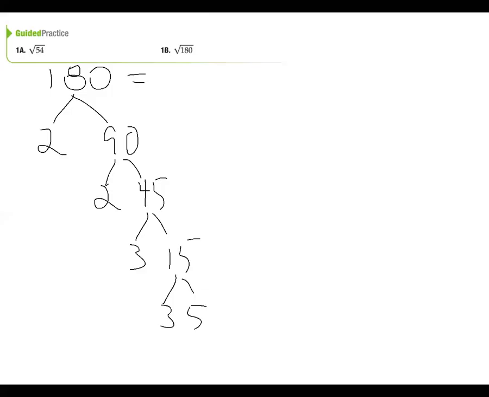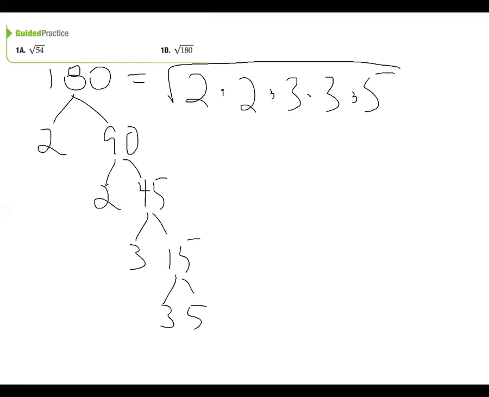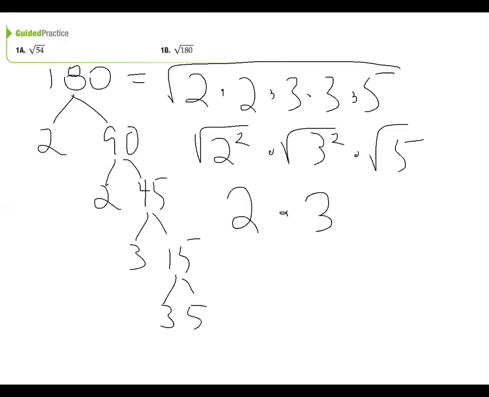So 180 is 2 times 2 times 3 times 3 times 5. So if that's all under the square root, I have the square root of 2 squared times the square root of 3 squared times the square root of 5, which would give me 2 times 3 square root of 5, or 6 square root of 5. Pretty cool, huh?